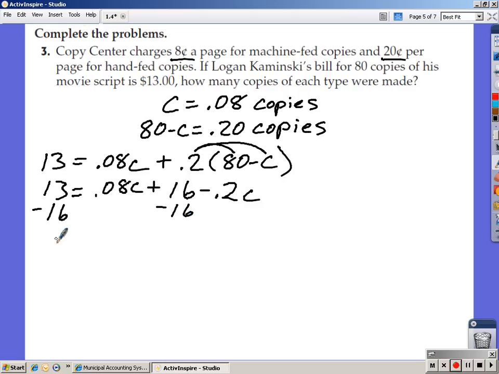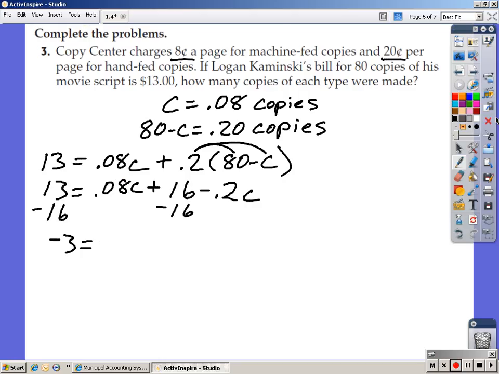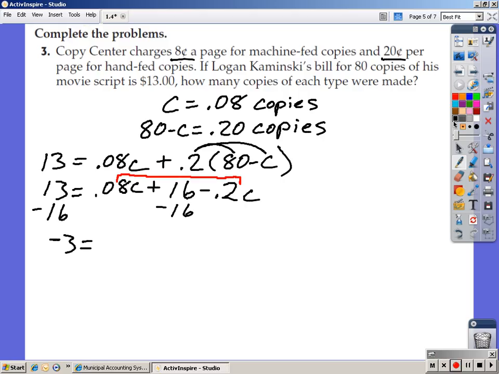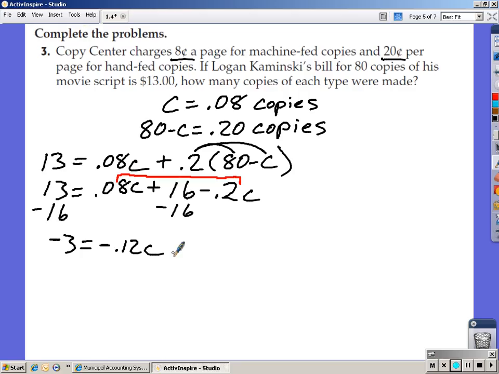Okay, 13 minus 16 is negative 3 equals, make sure you see what I'm doing, we're going to combine 0.08C minus 0.2C. Okay? So 0.08C minus 0.2C is negative 0.12C.